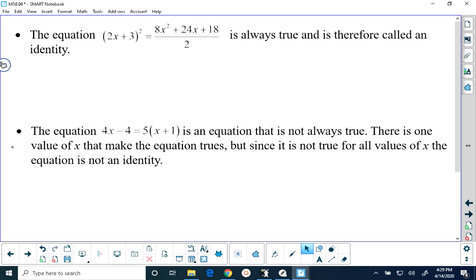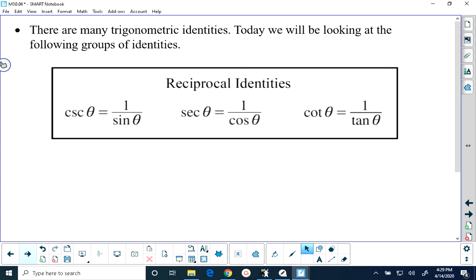It's not an identity. Now in trigonometry, there are a number of identities. You've already been introduced to 3 of those identities, and they are called the reciprocal identities. The cosecant of an angle is the same as 1 over the sine of the angle.